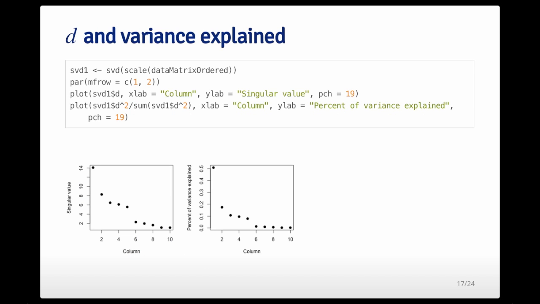Now, if we look at the variance explained in this problem, on the right-hand panel, which is the percent of the variance explained, you can see that the first component explains over 50% of the total variation in the data set. That's basically because the shift pattern, with the first 5 columns and the second 5 columns, is so strong that it represents a large amount of variation in the data set.